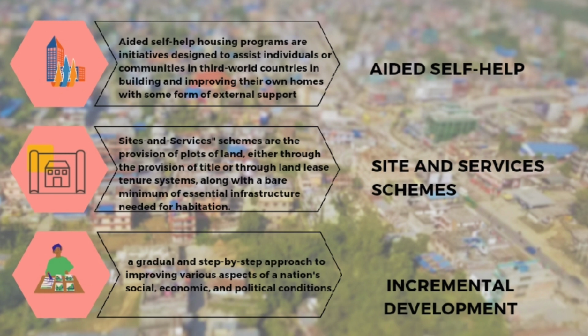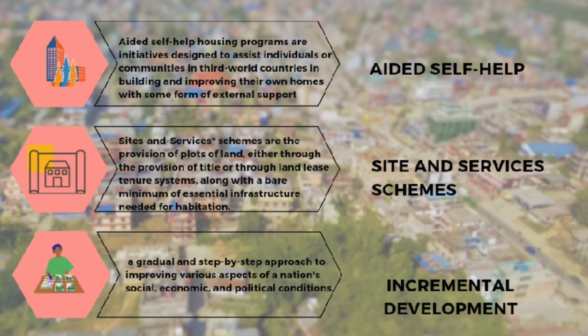And second is the site and services scheme. In third world cities, these are strategies aimed at improving the living conditions of residents in informal settlements by providing legal land tenure, basic infrastructure, and involving them in the development processes.